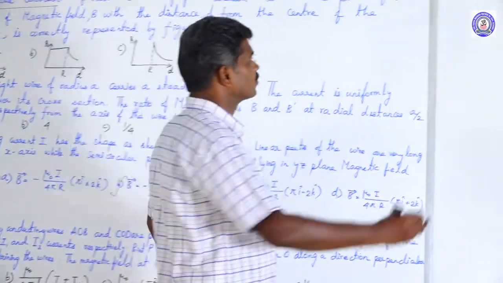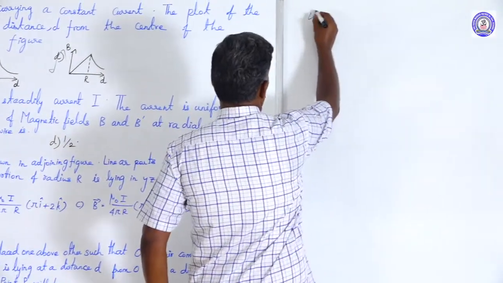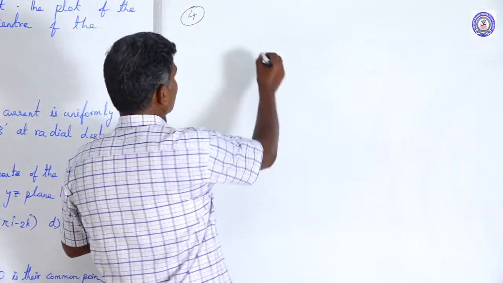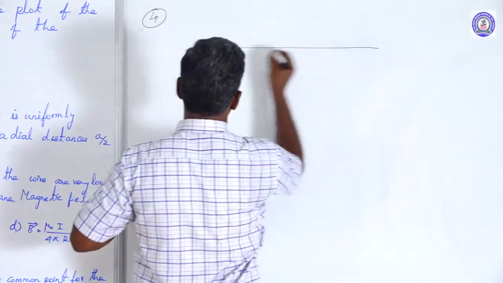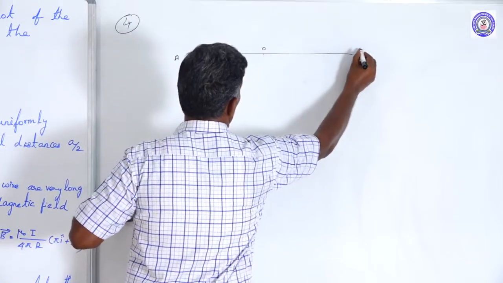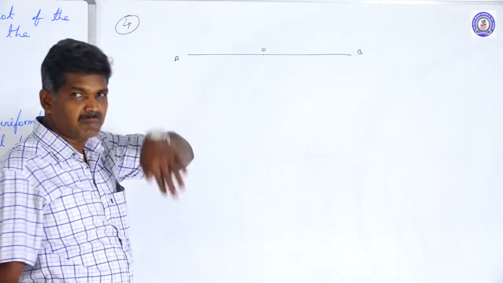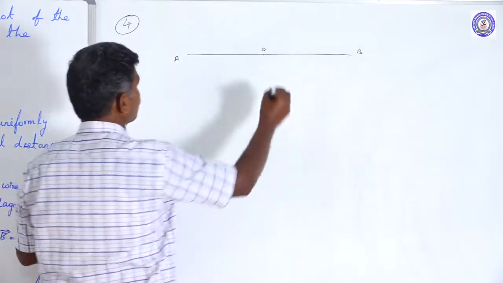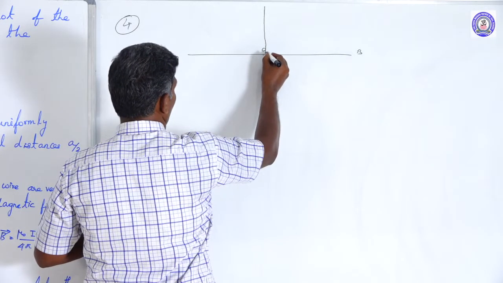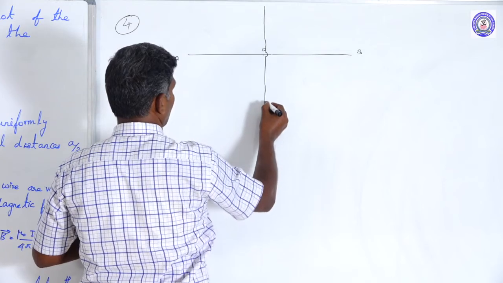For the fourth one, we consider our board as a plane. In that plane, you have the two conductors. The first conductor is A, with midpoint O, B. In the same plane, we have a second conductor also, but they are not connected one above another.